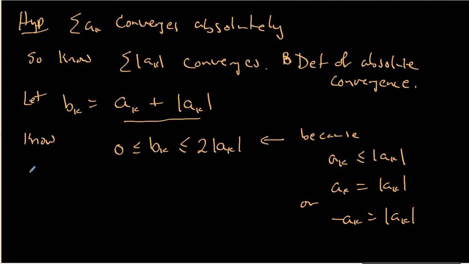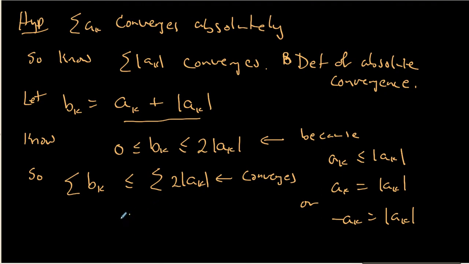Now what that means is that the series of BKs is going to be less than or equal to the series of 2 times the absolute value of AK, and this guy converges. In fact, basically, this guy is equal to 2 times the series of absolute values, and this converges by the hypothesis.